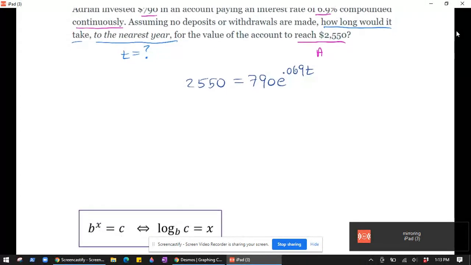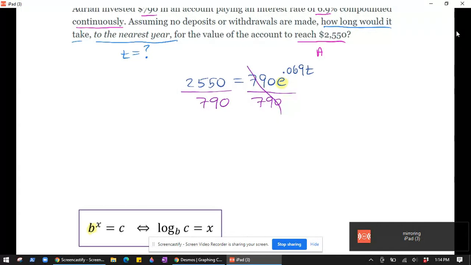I've got my log equation down here. We'll use that in a minute. But we can't use it yet because we don't have our base isolated. Our base in this problem is the E. That needs to be by itself. It's not by itself because of the 790. So we divide both sides by 790 first.